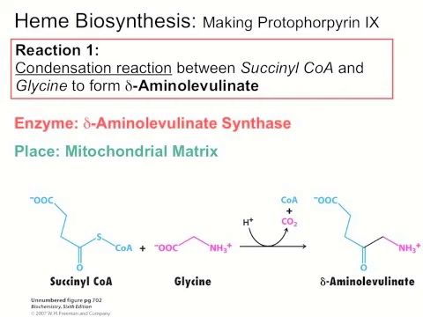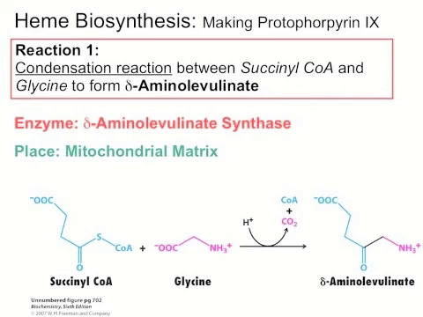This is a condensation between succinyl-CoA and glycine to form delta aminolevulinate. This is abbreviated ALA. The enzyme that carries out this reaction is delta aminolevulinate synthase, and it happens in the mitochondrial matrix. One of the reactants, succinyl-CoA, is a product of the TCA cycle that occurs in the mitochondrial matrix.